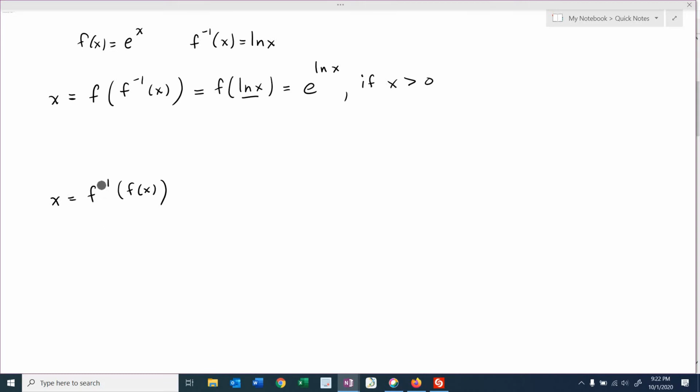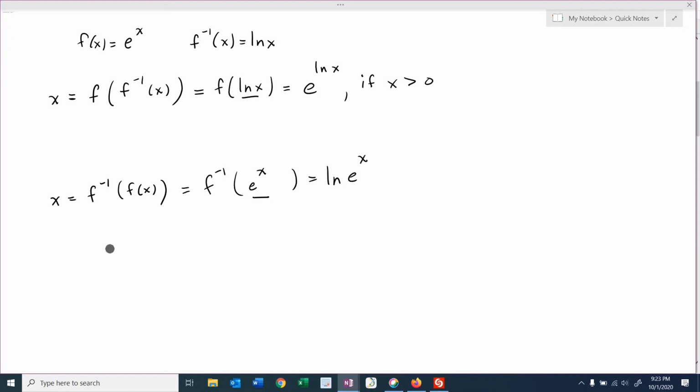Now the second one comes from composition in the other order. So this says f inverse of f, and f is e to the x. Okay, and if you plug a number into the inverse, like a 7, you're just going to get natural log of 7. We're plugging e to the x into it, so we're just going to get natural log of e to the x.